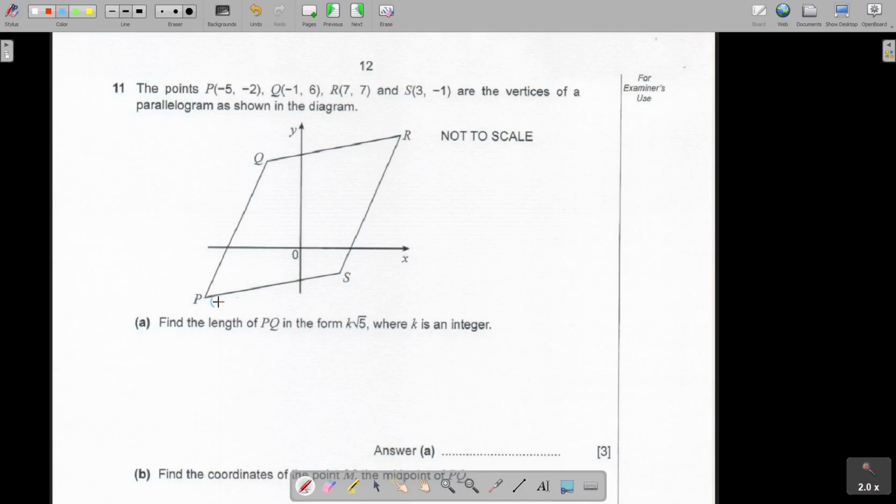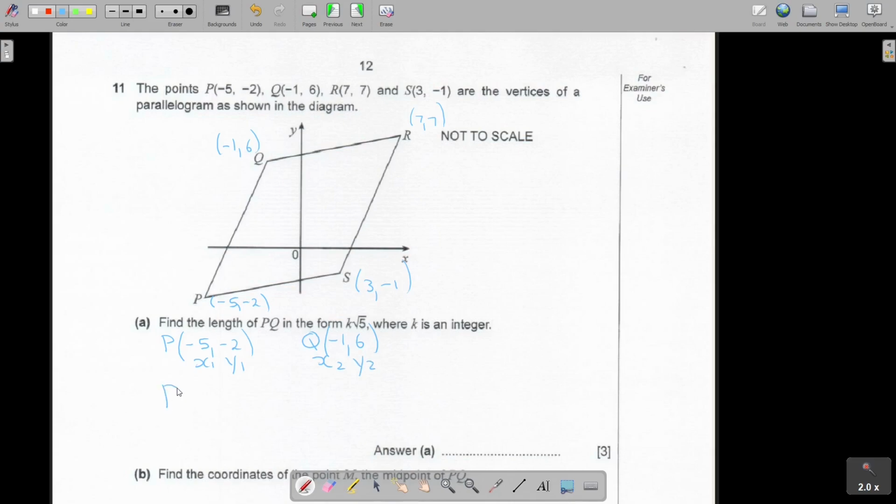P is (-5, -2), Q is (-1, 6), R is (7, 7), S is (3, -1). So P is (-5, -2) and Q is (-1, 6). And then I mark the points: x1, y1, x2, y2.